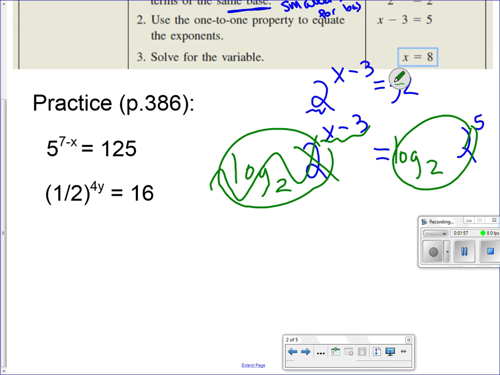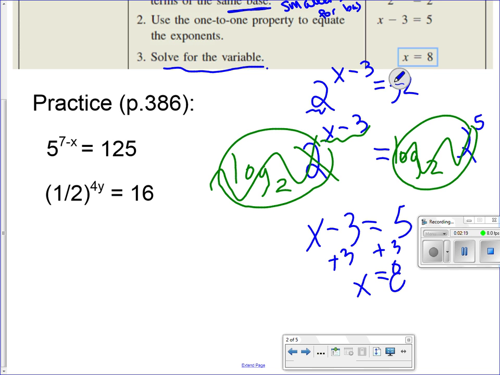That's equivalent to 1. That's how you're getting x minus 3 equals 5. And then from this point, you're going to solve for your variable. That's your step 3, solve for your variable. Remember, when you're solving, you're doing your reverse order of operations, which you might hear us call SADMAP. So I'm going to add 3 to both sides to get that x equals 8.